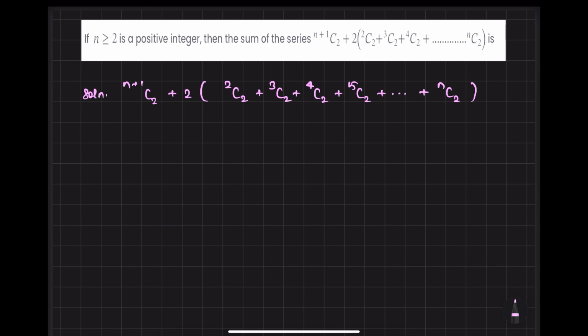You guys have recently solved a question that belongs to this category where the lower subscript was the same and the upper subscript kept on increasing, and you have taken help of this idea: ncr plus ncr plus 1, where we got n plus 1 cr plus 1, correct?